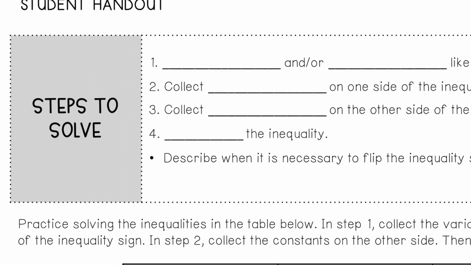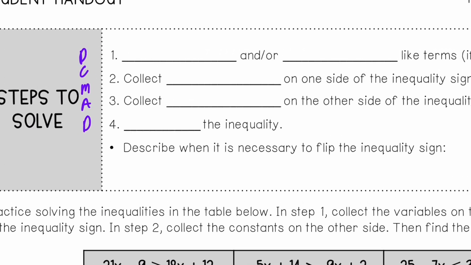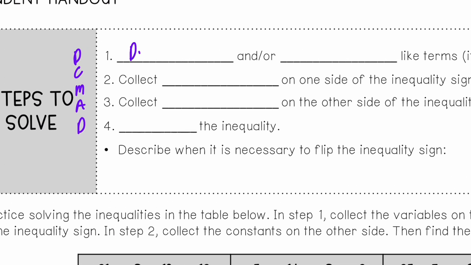So, way back when, I believe the acronym that we used was DCMAD. And that still applies here. For the very first thing, we are going to either distribute or combine like terms.